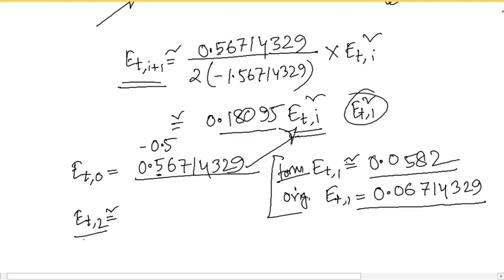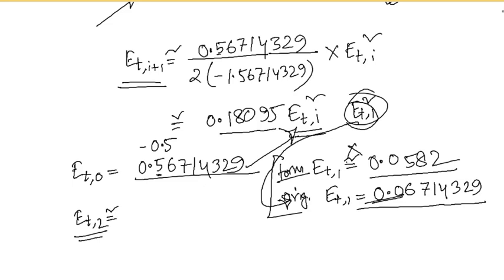That will give you an approximate value of E_t2. Obviously, for this E_t1 we put the original value, not the approximated one. If you multiply, you will get an approximate value equal to 0.0008158.